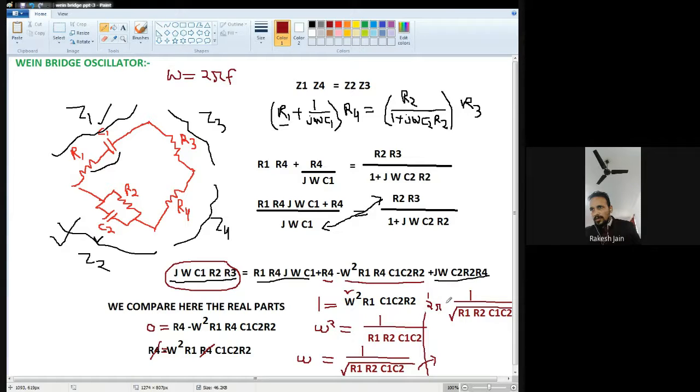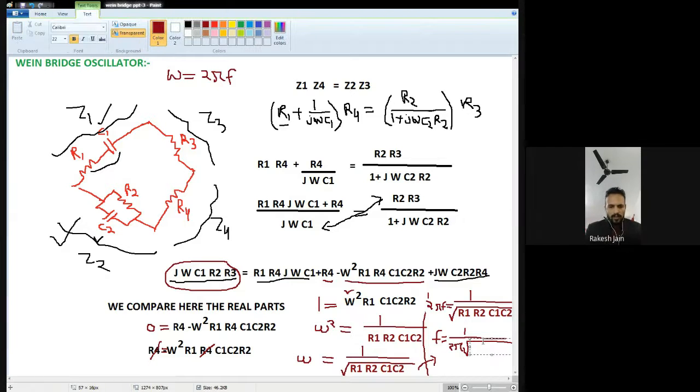So what is f? Definitely f is equal to 1 divided by 2 pi, under root of R1 R2 C1 C2.